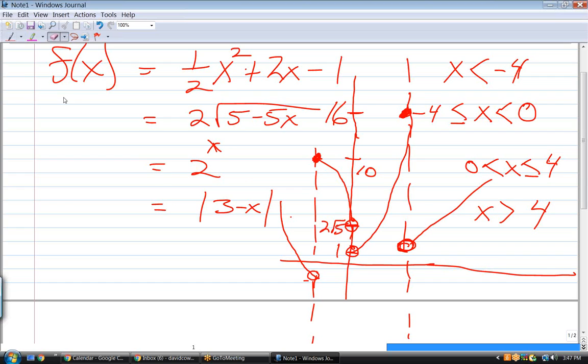And the only one that we might have had difficulty with was the second one. But notice by plotting that point and knowing just a little bit about how the square root function looks, allowed us to fill in the rest of it. Right.